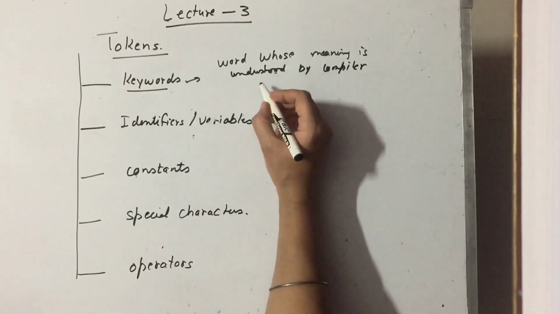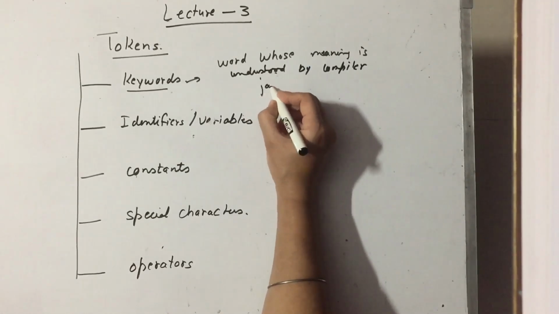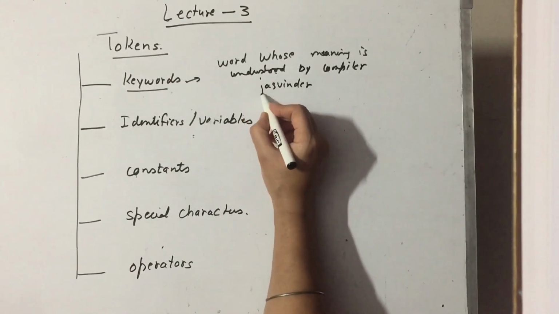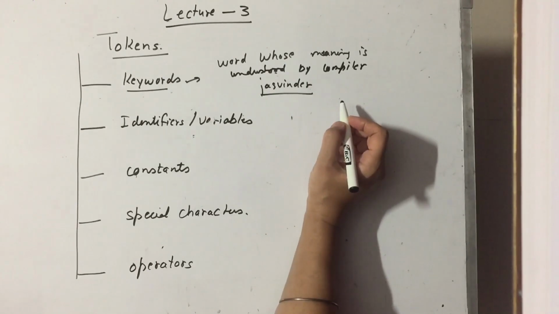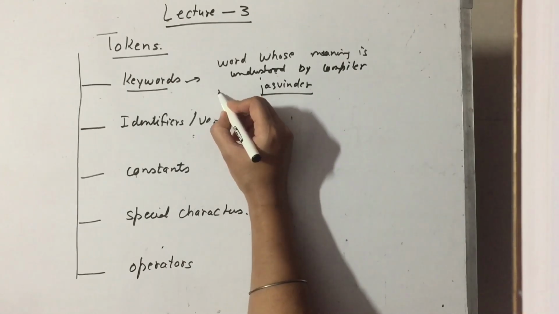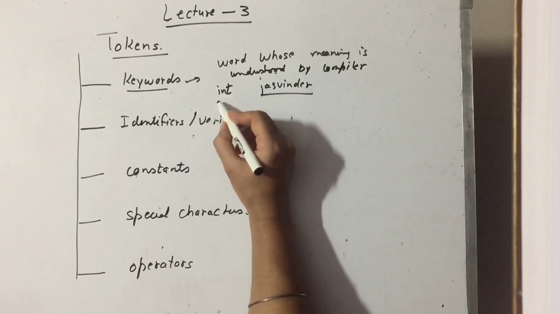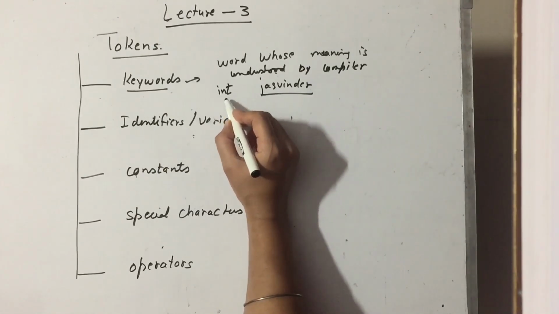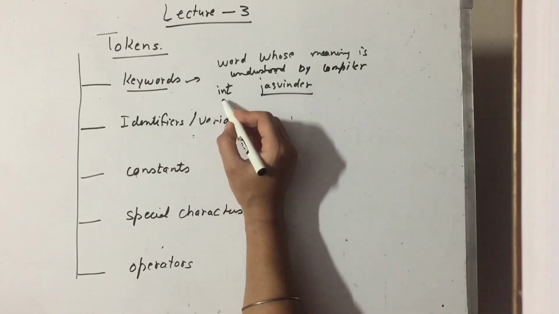For example, if I write my name Jaswinder, the computer won't understand what Jaswinder means, because it is not a keyword of your language C. But if I write something like int, this means integer. This is a keyword of C because it is understood by the compiler of that language.